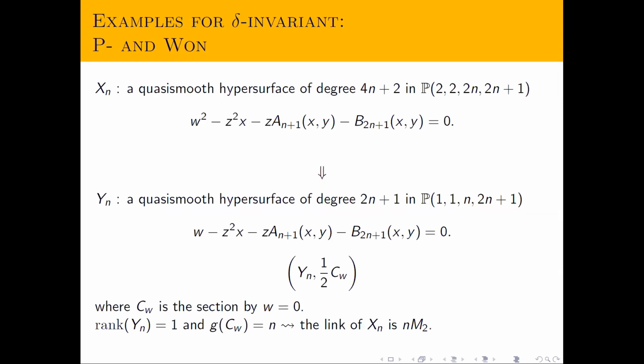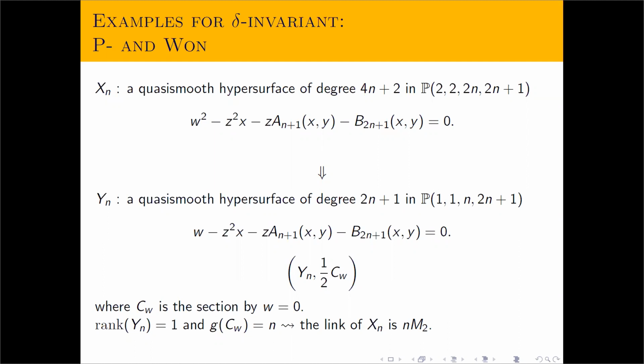I consider this hypersurface of degree 4n plus 2 in this weighted projective space. It is well formed and has an order 2 group action, and the branch divisor is given by the coordinate W equal to 0. As an orbifold X_n, you may consider this log pair.